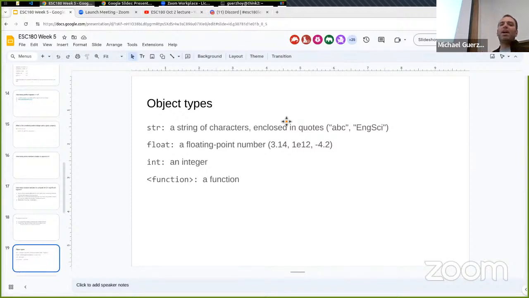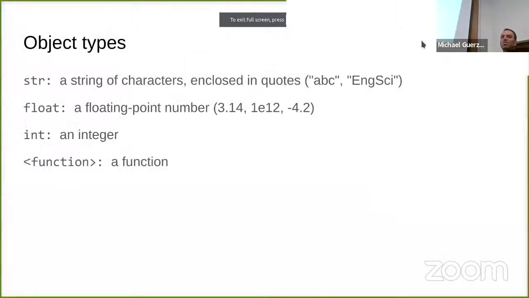Okay, let's talk about something lighter for a while, just object types. This is stuff that you've already kind of seen, but I'm going to do it in a more formal way. Python has different types of what's called an object. One type of object is a string, which in Python is denoted as str.